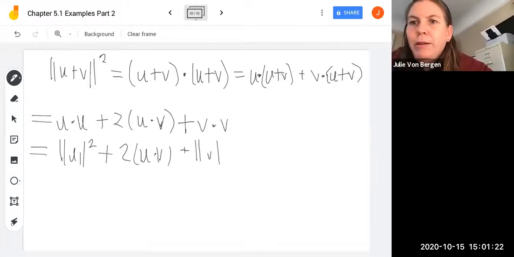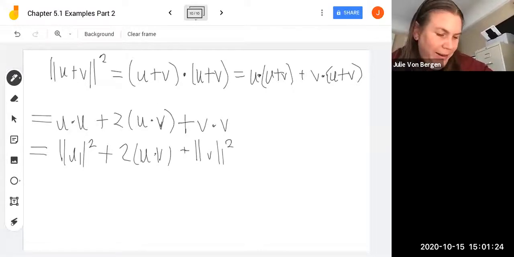I know it's better when I type things out because my handwriting is not perfect with the pen. And then, well, u dot v right here could be positive. It could also go negative because it's component-wise.